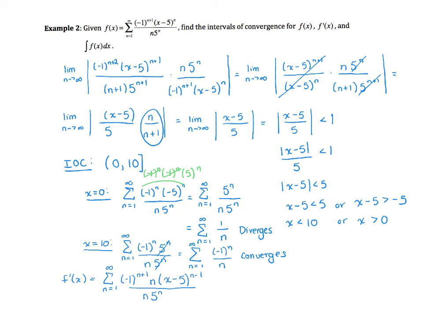If we were differentiating with respect to n, this would be horrible. But because it's with respect to x, it is tolerable, albeit a little clunky perhaps. So this is going to be -1 to the n plus 1. Your n's will cancel, and you'll have x minus 5 to the n minus 1 over 5 to the n.